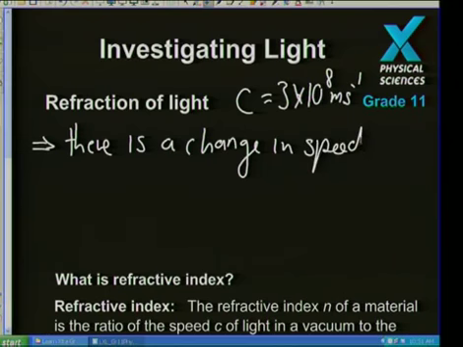So if the material is what we call optically dense, it's going to cause those electromagnetic waves to slow down quite significantly. If it's not optically dense, but the particles allow light to travel through it, then we would say that the speed of light in that material could be quite close to the speed of light in a vacuum.